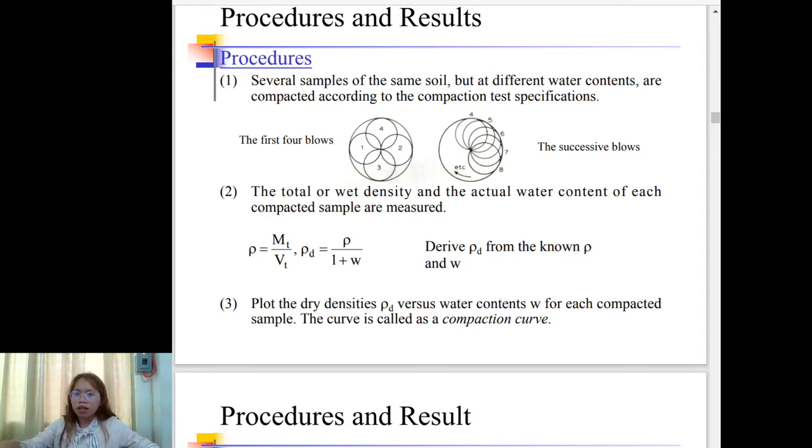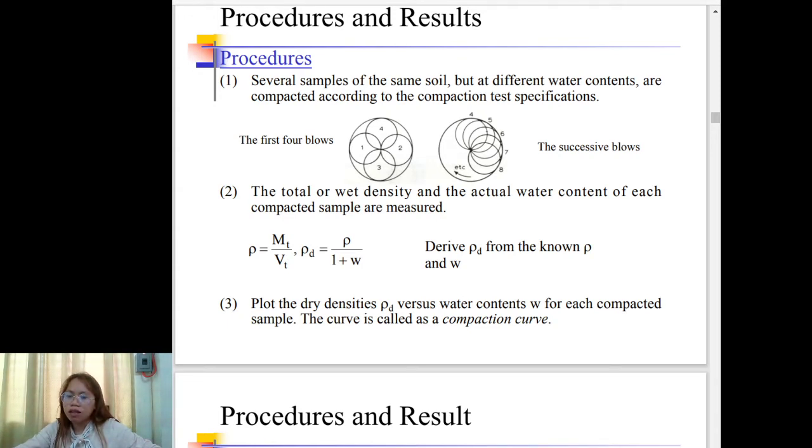So the total or wet density and the actual water content of each compacted sample are measured. So this is the moist density, the mass of the soil divided by the total volume. So dry density is actually equal to the moist density divided by 1 plus the moisture content or the water content.